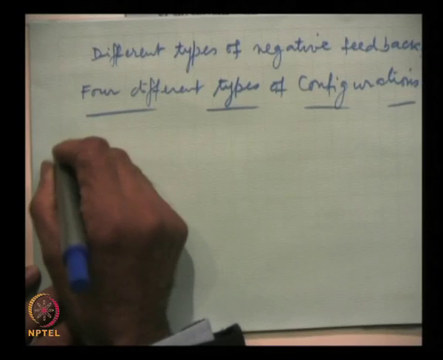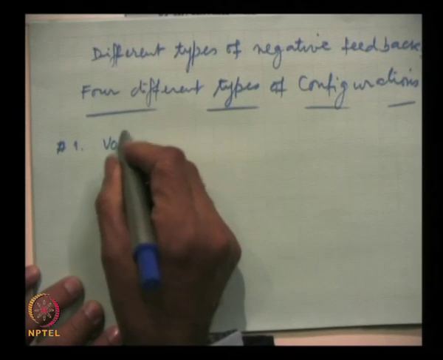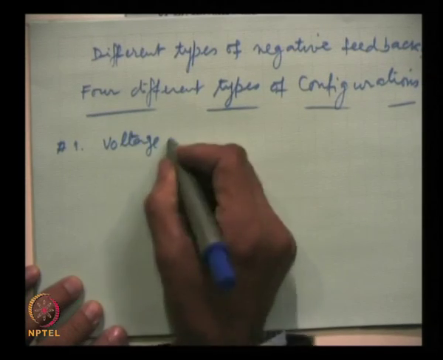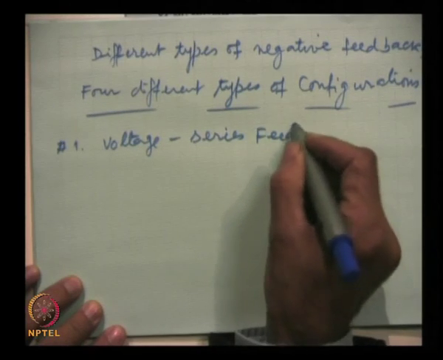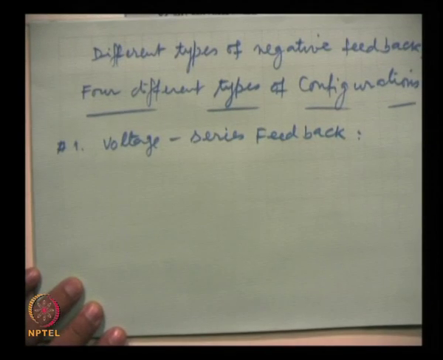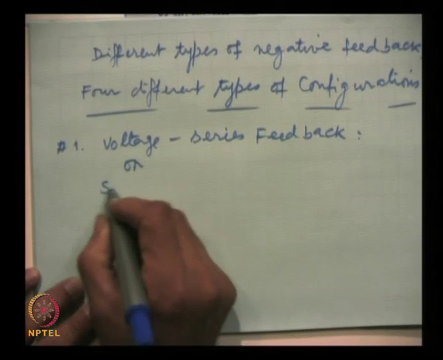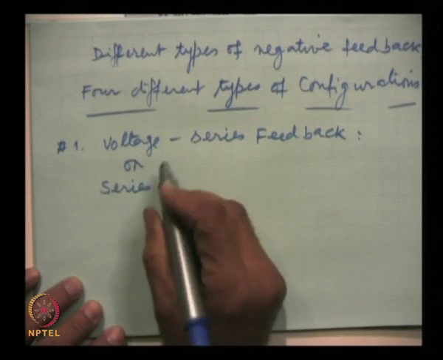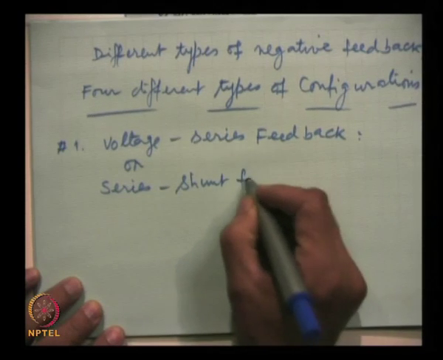First is voltage series feedback, and this is also called series shunt feedback.